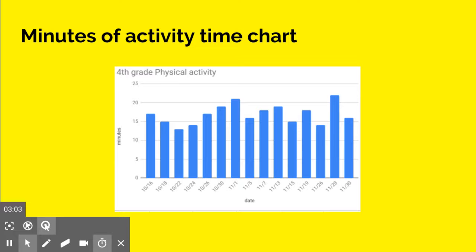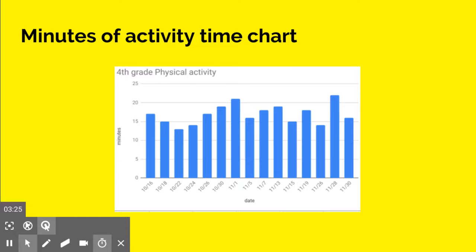Looking at the lesson on 11-1, the students engaged in a small-sided overhand throwing activity called birthday cake, where the students were active for most of the class time. And then on 11-28, the students engaged in a cardio endurance lesson plan where they saw how many laps they could get around the gym, either walking, jogging, or running.